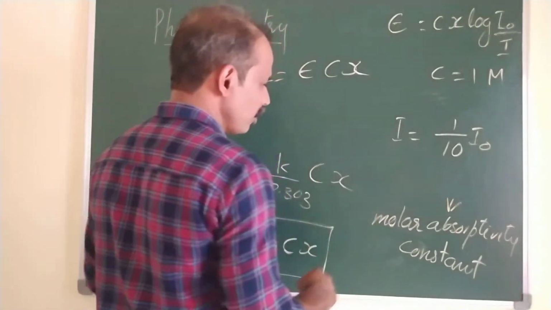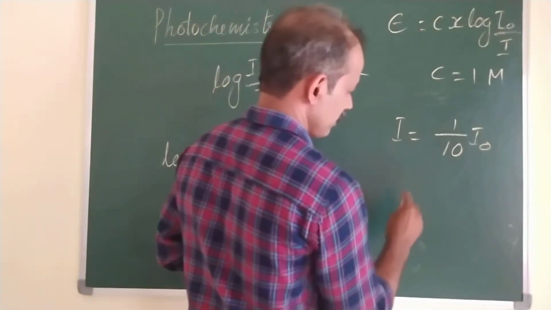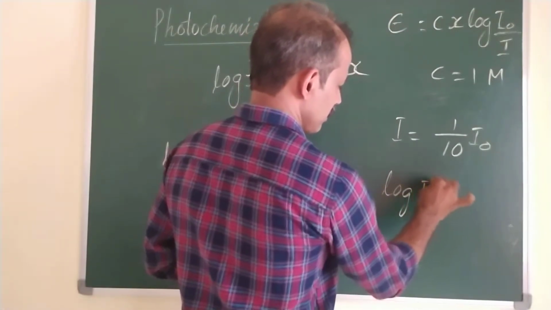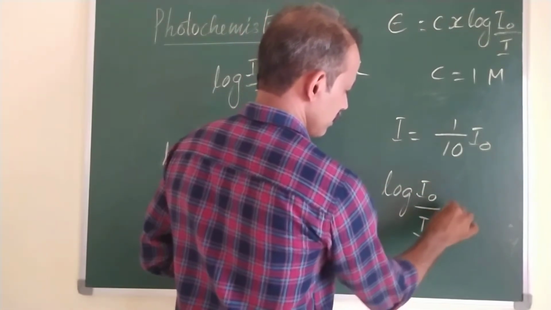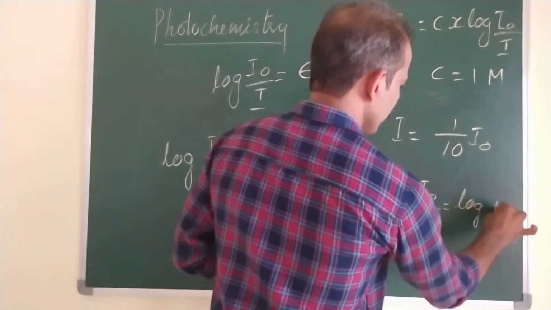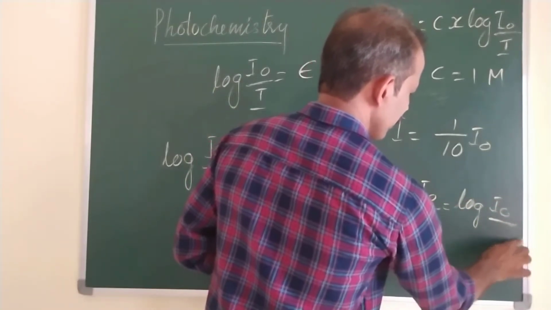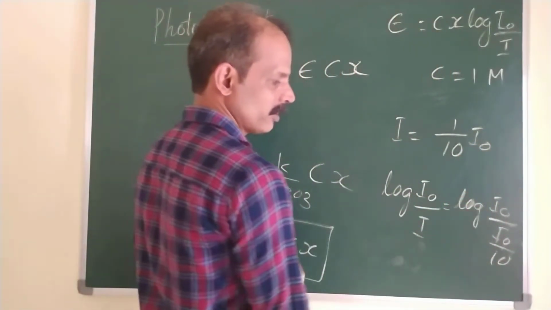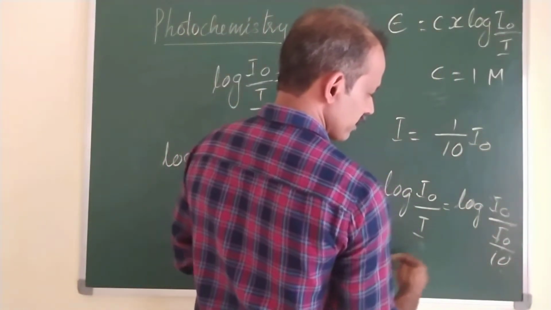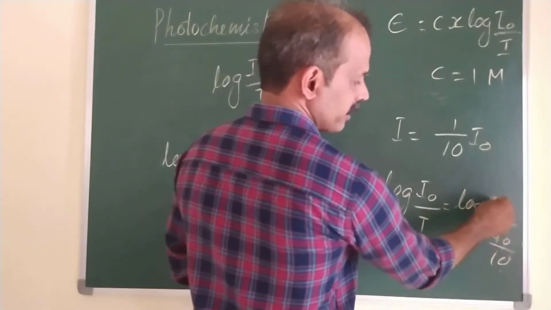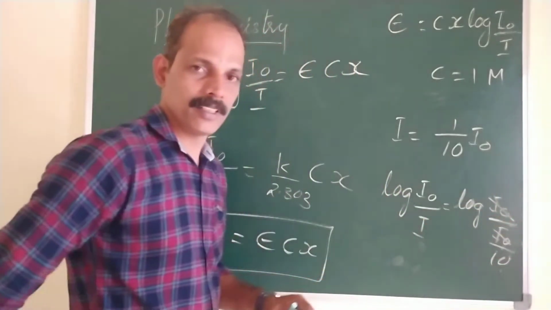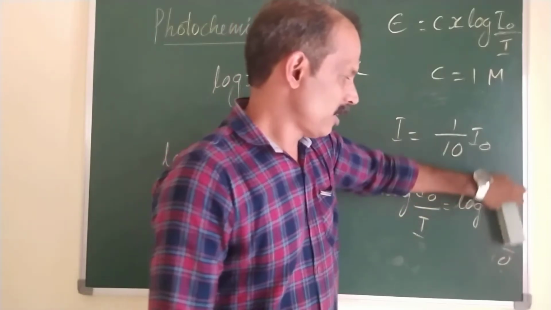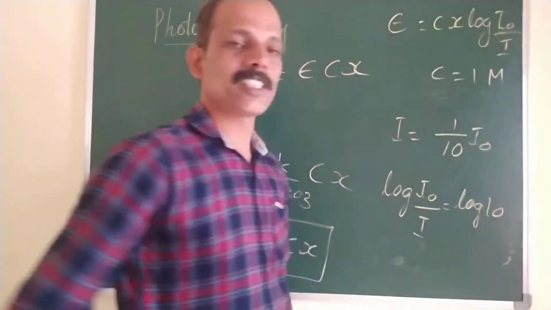Then log I0 by I is equal to log I0 by I0 by 10. Okay, so we get log 10. This I0 and I0 cancel, this 10 comes up. So we get log 10, which is equal to 1.